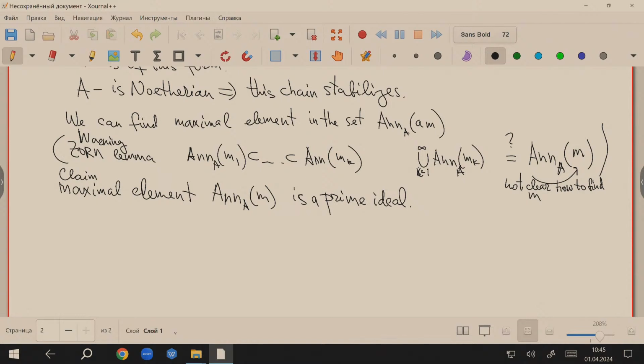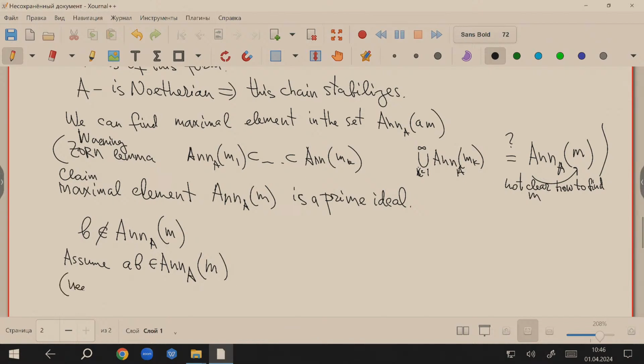Suppose you start with A. Well, let me start with B, which is not in the annihilator, and assume that AB is inside the annihilator. We should then prove that A belongs to the annihilator.